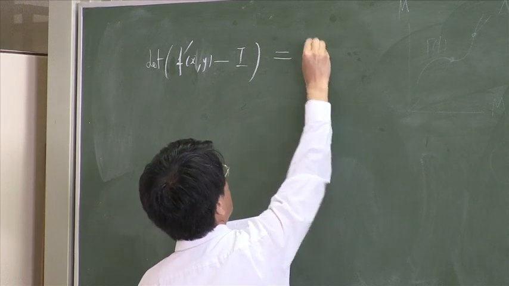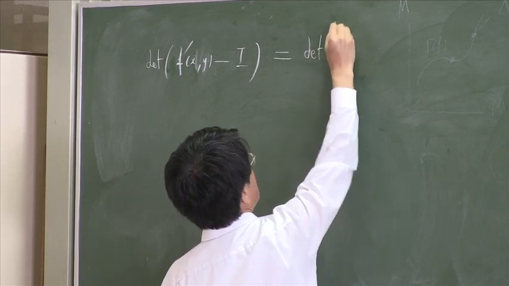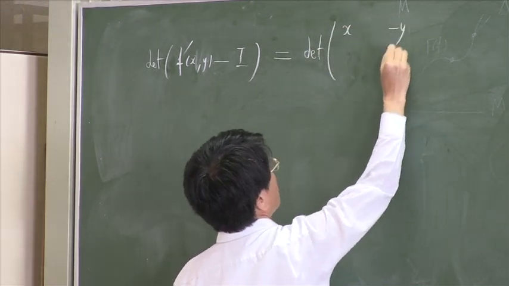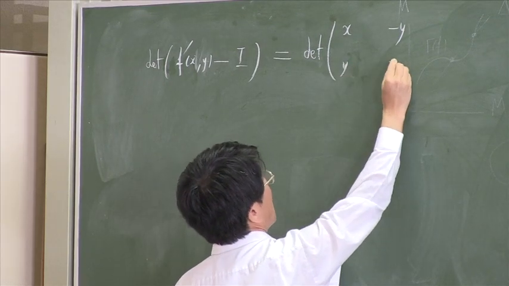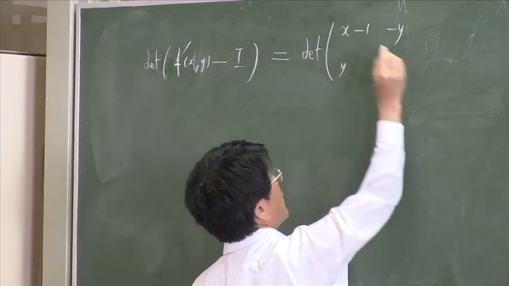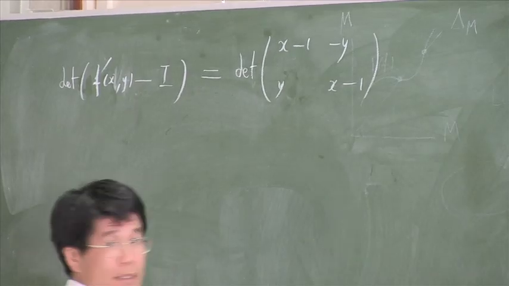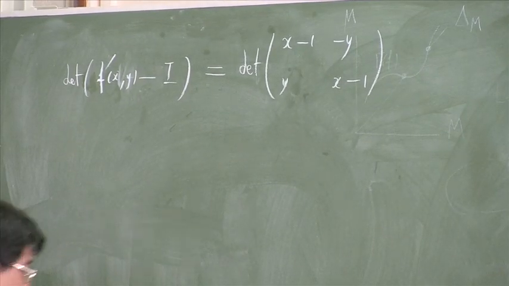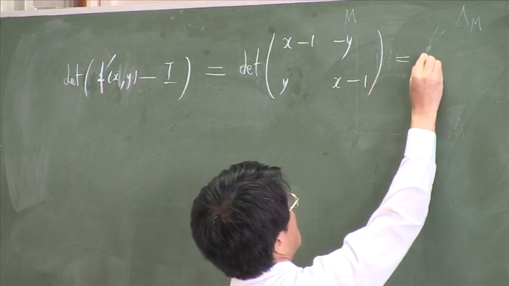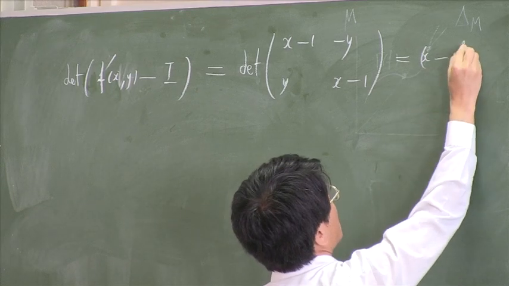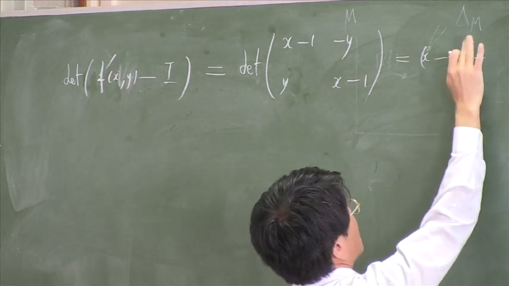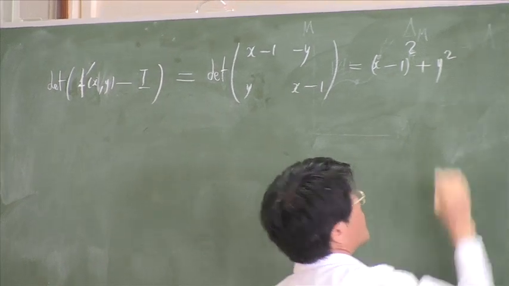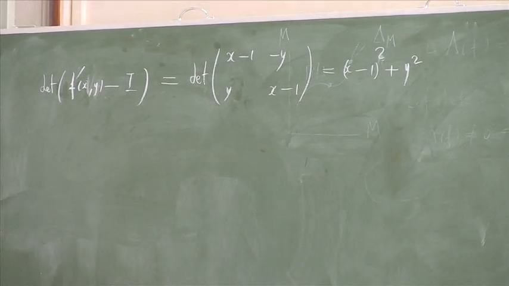Do you remember what f prime was? We calculated this yesterday. It's x, minus y, y, x. And then I have to subtract the identity matrix, which gives me this. And this, as you can see, is x minus 1 squared plus, interestingly, y squared. So this is always positive.